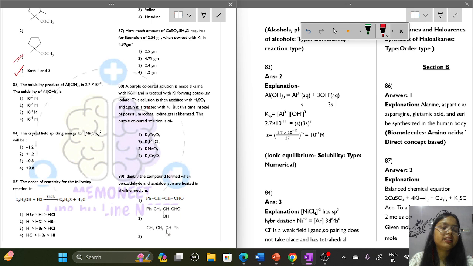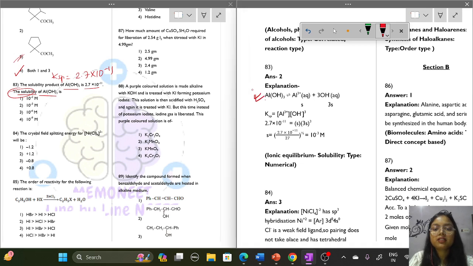Question number 83. The solubility product of Al(OH)3 is 2.7 into 10 to the power minus 11. What will be the solubility of Al(OH)3?